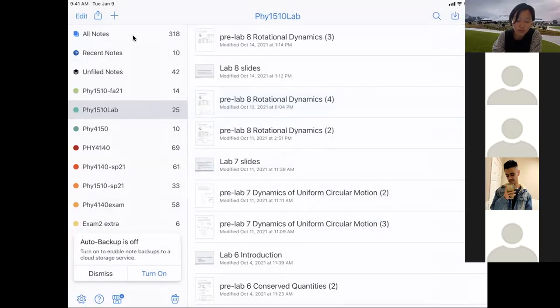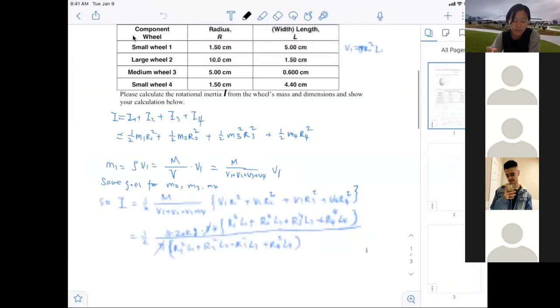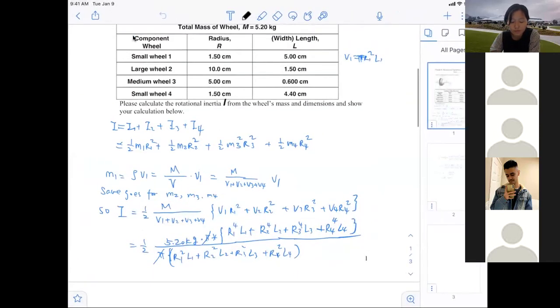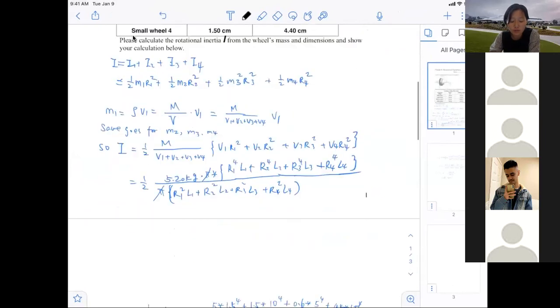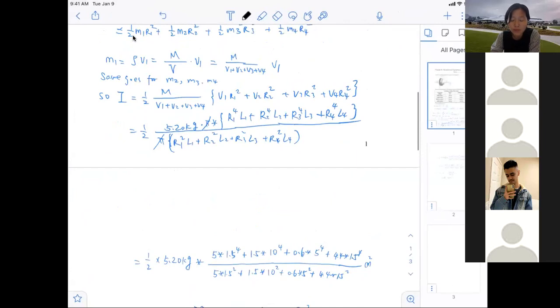I have a solution here that I simply plugged in the variables and simplified my answer as much as possible, and I reduced everything to the final expression where only the known quantities are left. So everything is expressed using radius and length.